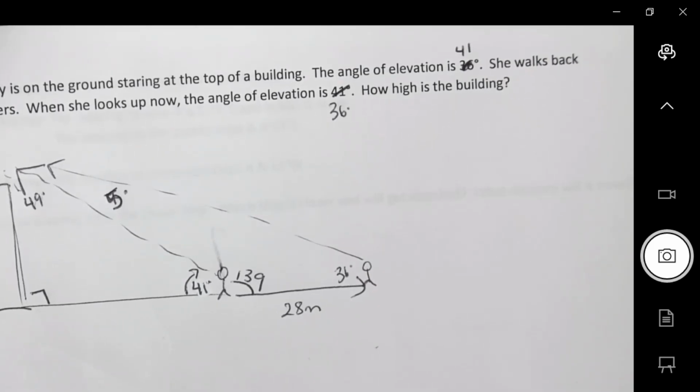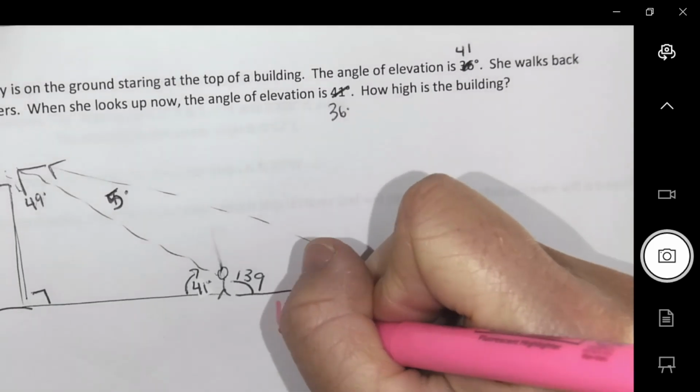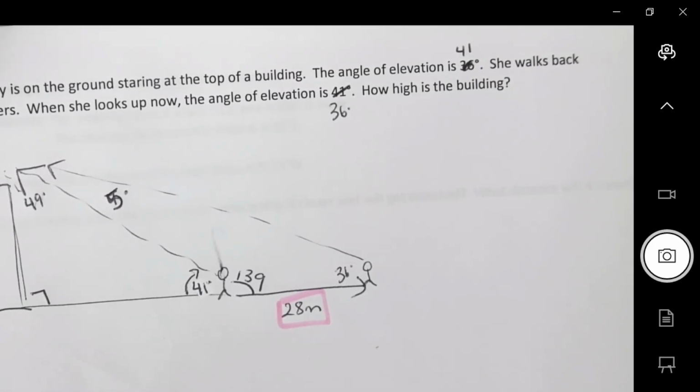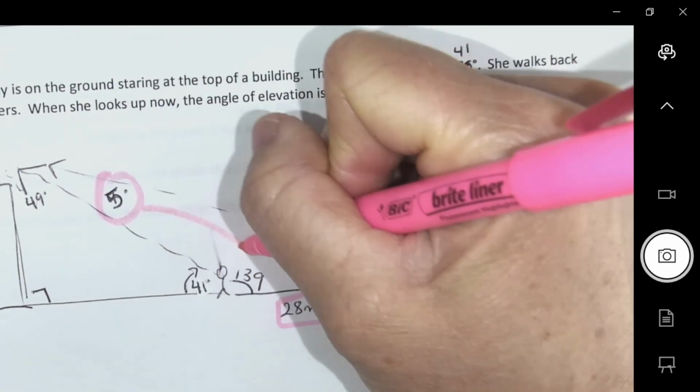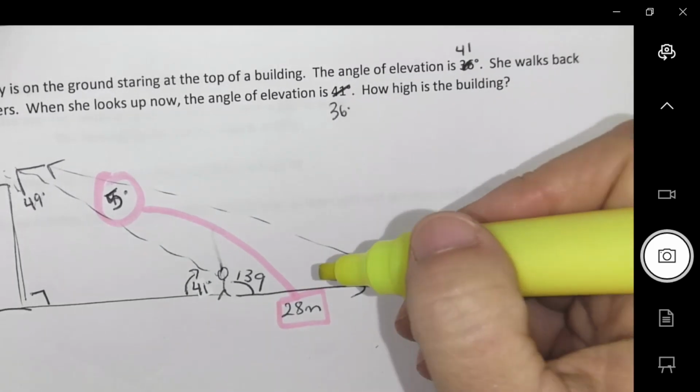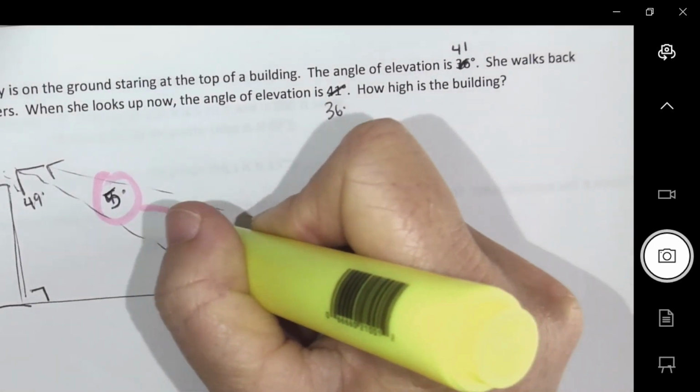Now, I have to use the 28 somehow with sides. So what could I do with this 28? Do we see any pairs? Do we see SAS? Do we see triple S? So I have a pair. Okay, so we're going to pair it with something else, either the 36 or the 139.